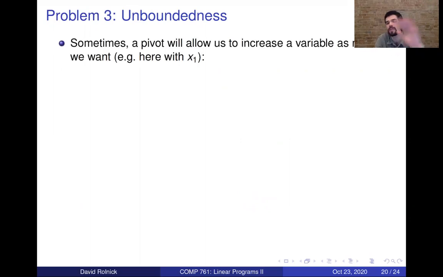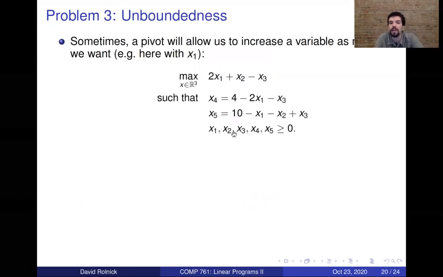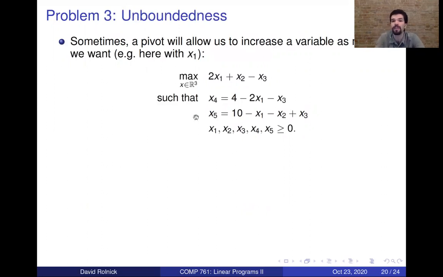Here's the third problem. Sometimes a pivot will allow us to increase a variable as much as we want. This is not really a problem. It is an indication that there isn't an optimum to the linear program. So for example, this was what we were looking at. But if I change these to plus, then if we want to increase x1, we can just do that. We increase x1, we have to increase x4, but we can keep on increasing x4 as much as we want.